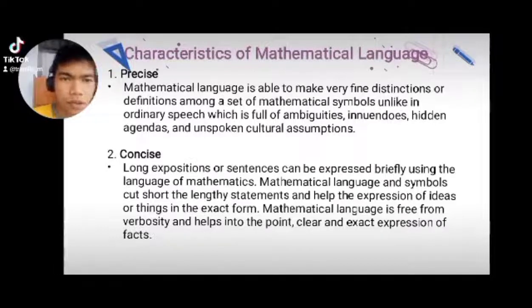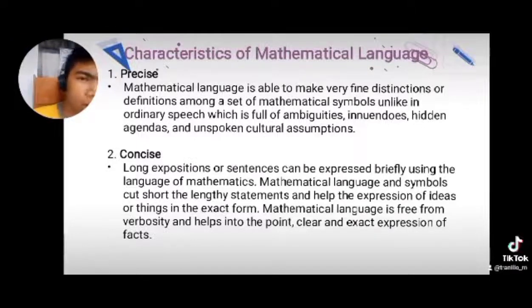Long expositions or sentences can be expressed briefly using the language of mathematics. Mathematical language and symbols cut short lengthy statements and help express ideas in exact form. It is free from verbosity and helps in clear and exact expression of facts.